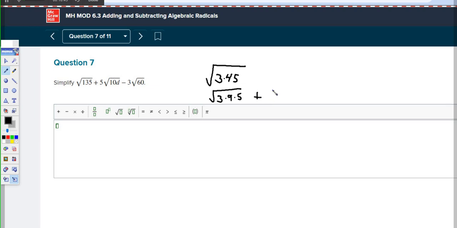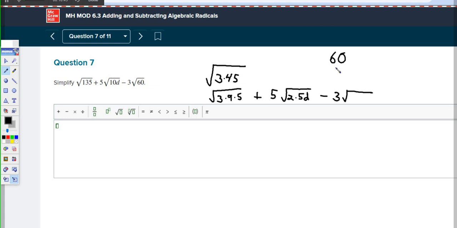And then this middle one, I have 5 square roots of 2 times 5d. That doesn't help me out any, because 2 and 5 aren't pairs or perfect squares, so I'm just going to end up with 10d here still. And then I'm subtracting off 3. Let's see, how can I split up this 60?